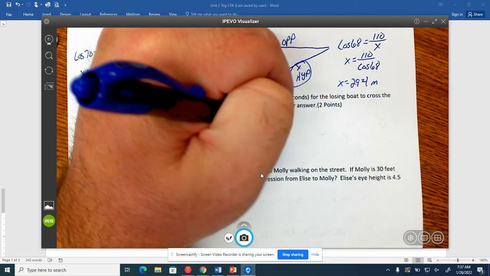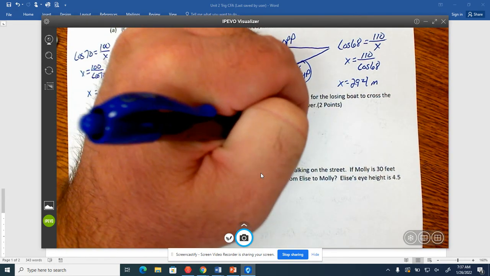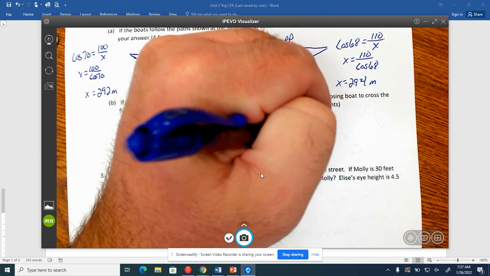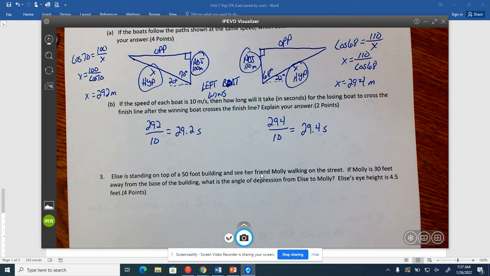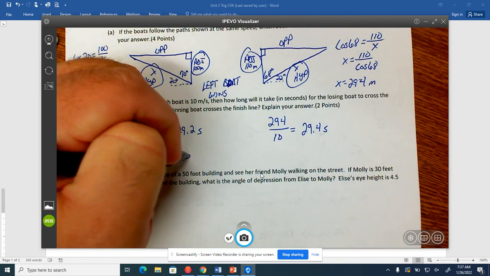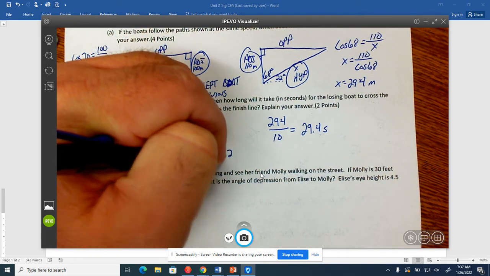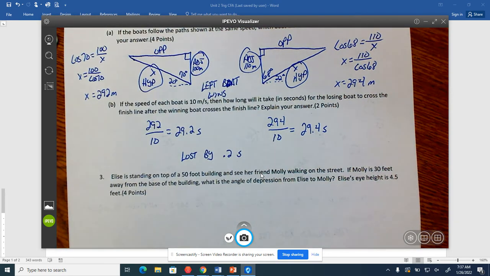If I take 294 over here, it took 29.4 seconds. And so the losing boat only lost by 0.2 seconds.